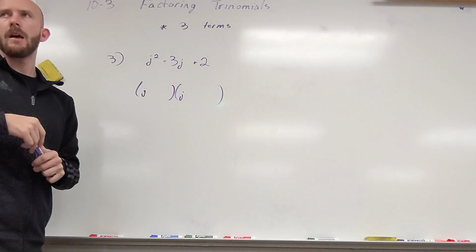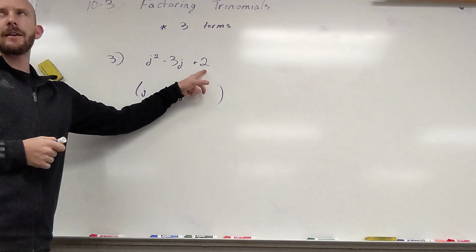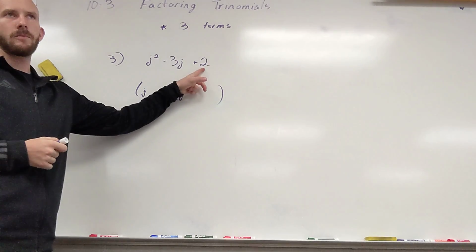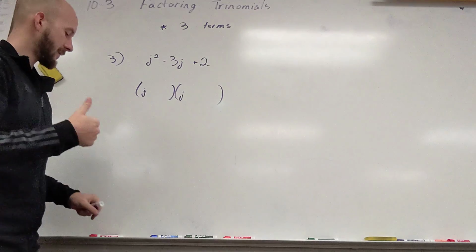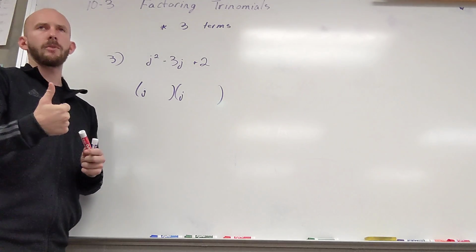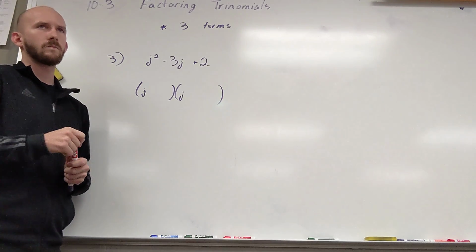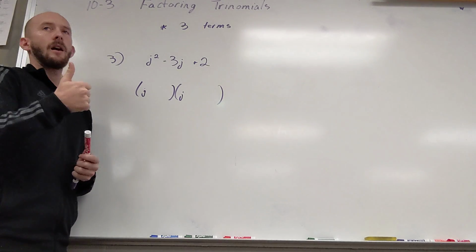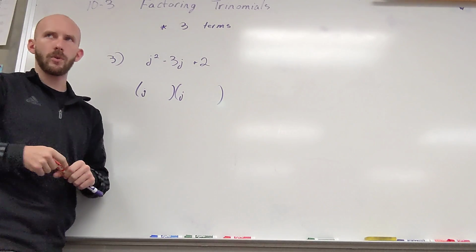Okay. And I know my two numbers have to multiply to be 2. Okay. They have to multiply to be a positive 2. So what type of numbers do I need? Negative. Okay. They also have to add to be -3. Okay.